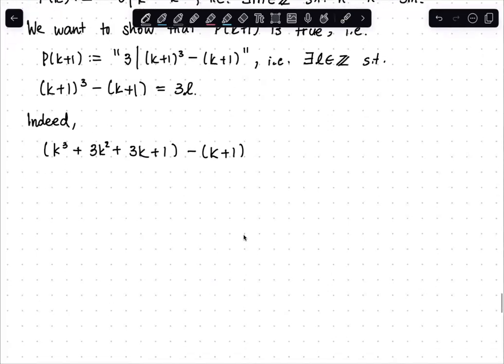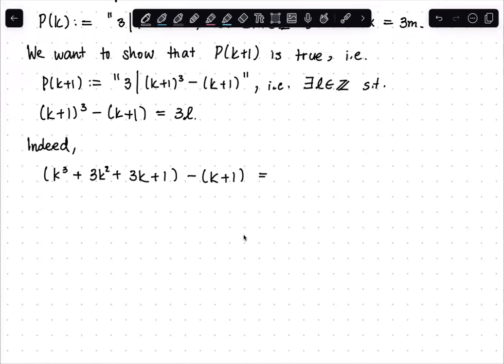Okay, so if we simplify this, this will give us k cubed plus 3k squared minus 2k.